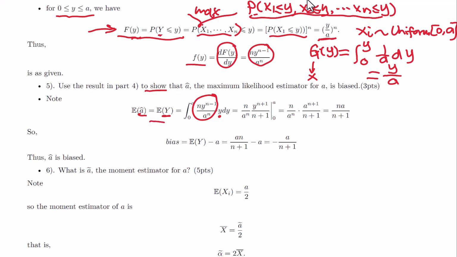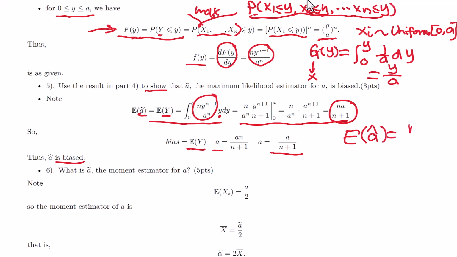That's the definition of the expected value of Y, and then we use calculus to get this. Obviously the bias is the expected value of Y minus a. So this is biased. Part 5 is to prove the claim we used in part 2: the expected value of a hat equals n a over n plus 1.